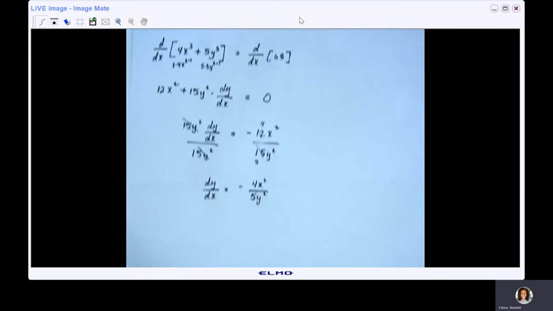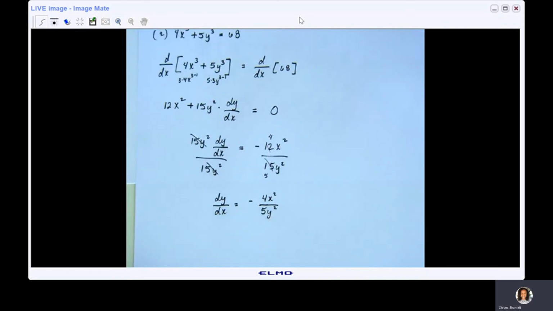Let's see. Number 2 from the homework. Number 3 is similar to it. Let's say we look at number 4. 1, 2, and 3 are pretty standard, pretty straightforward.